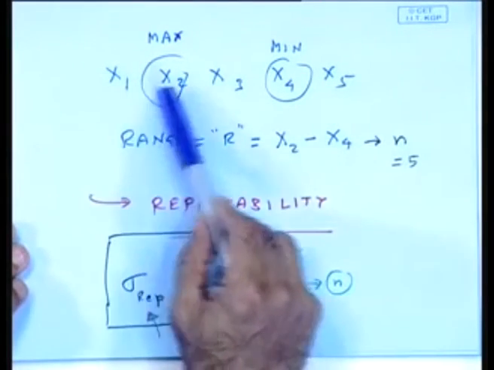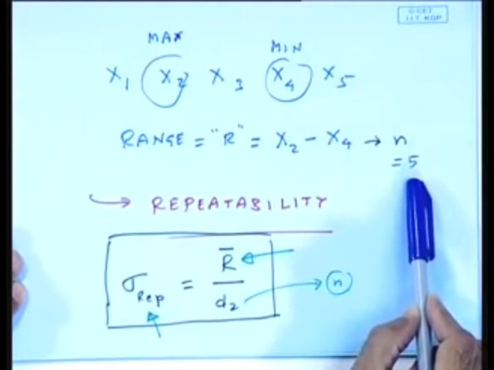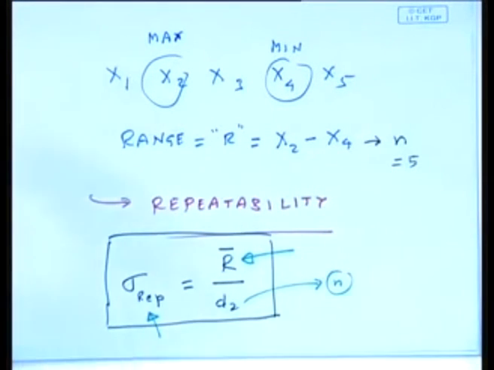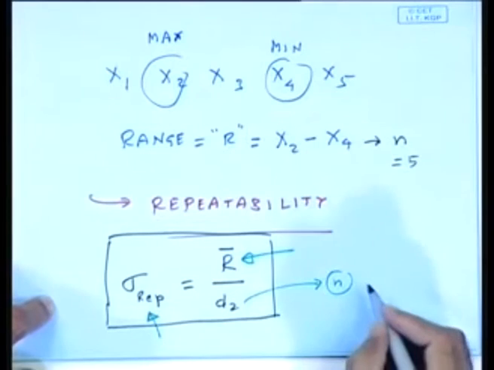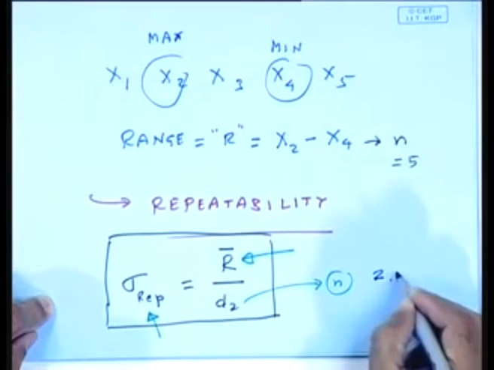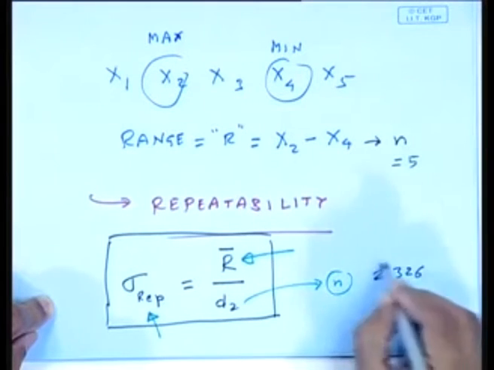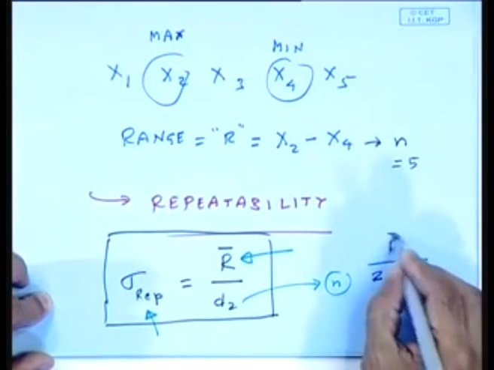Therefore, the number of observations here is 5, n equals 5. I use this n on this chart and read off the value of D2. D2 in our case is going to be 2.326, and of course I've got my R bar on top.